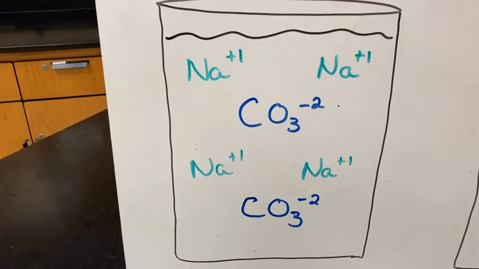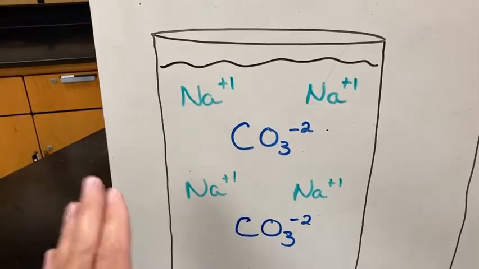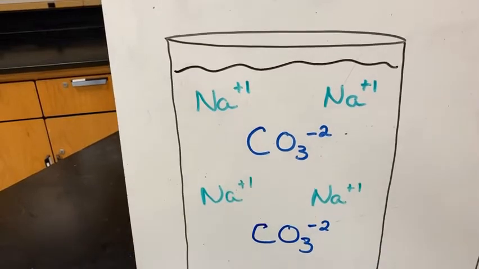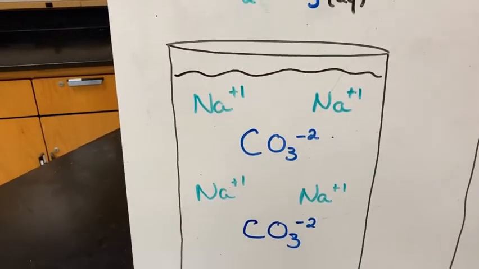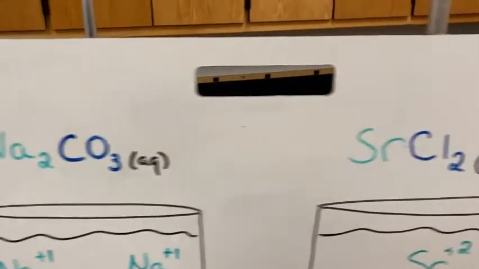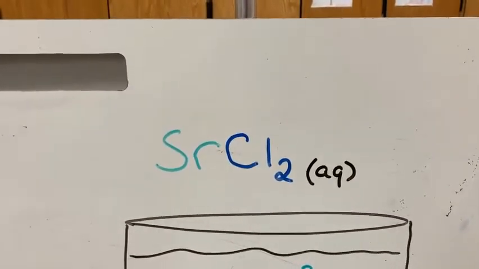So depending on how much sodium carbonate has been dissolved, there could be more of this or less of this, and that's what we're trying to figure out: how much sodium carbonate is dissociated within the solution that was made. We're going to be reacting that with a very similar aqueous strontium chloride solution.